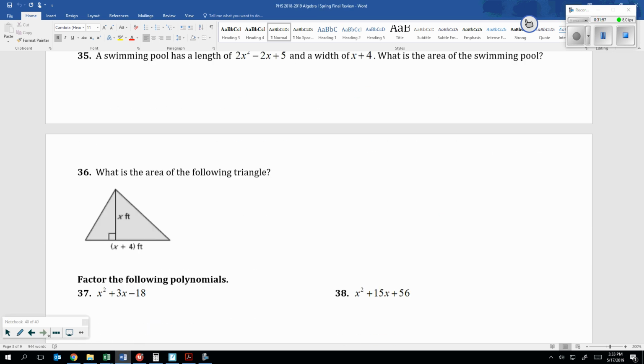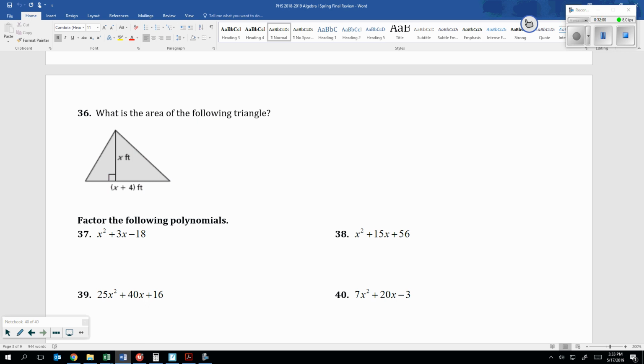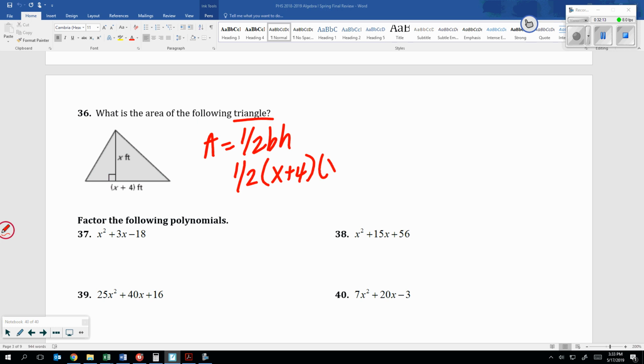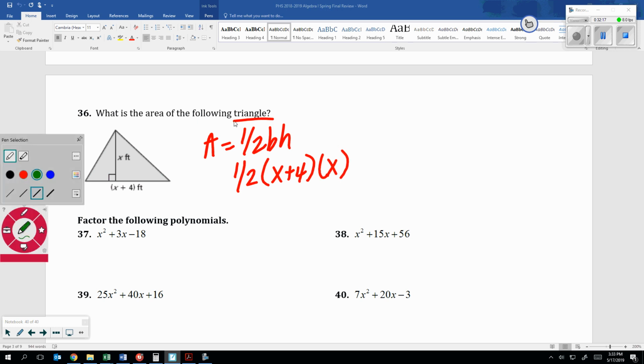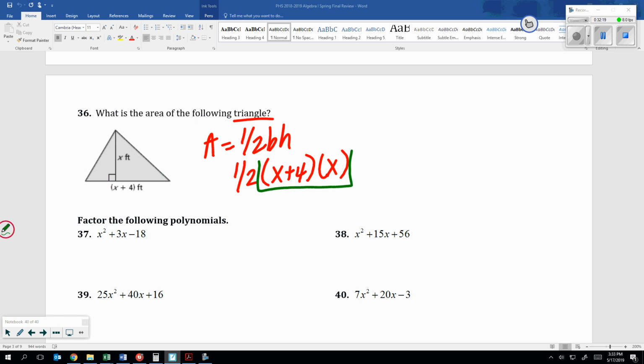So for 36, it's asking what is the area of a triangle. We need to know that the area of a triangle is 1/2 base times height. So 1/2 times our base, which is x plus 4, times our height, which is x. Now I think the best option is to start off multiplying these together.